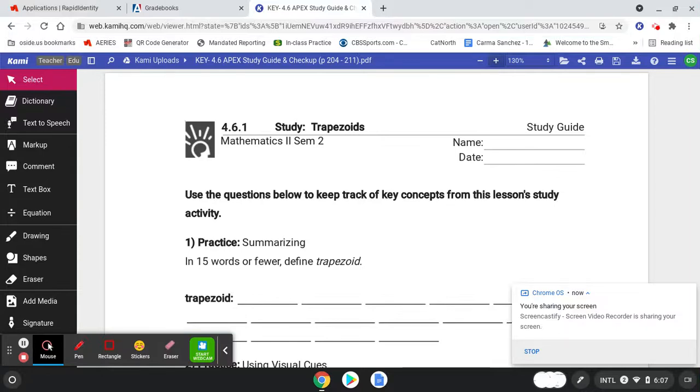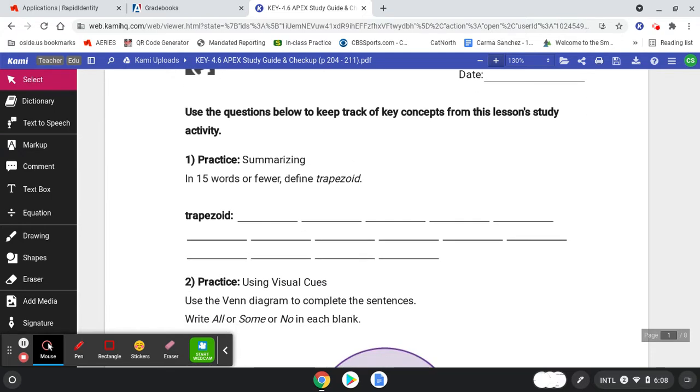All right, today's the last section of Unit 4, and we're going to be talking about the final quadrilateral, trapezoids. And so let's go ahead and write down a definition of trapezoid.